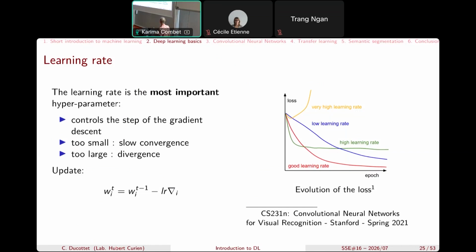So the learning rate is the most important hyperparameter because it controls the step of the gradient descent. And how are we able to fix it? In fact, we are doing some trials. For example, here, consider that we have plotted some curves, giving in the x-axis the number of epochs, and in the other axis, the value of the loss.